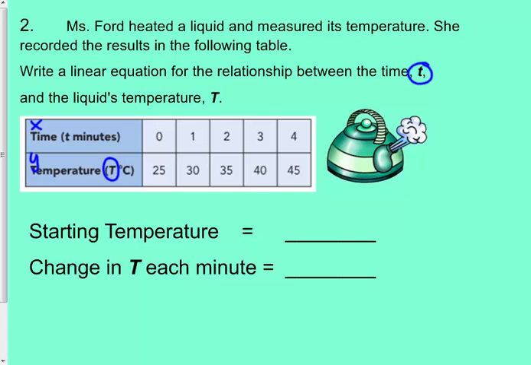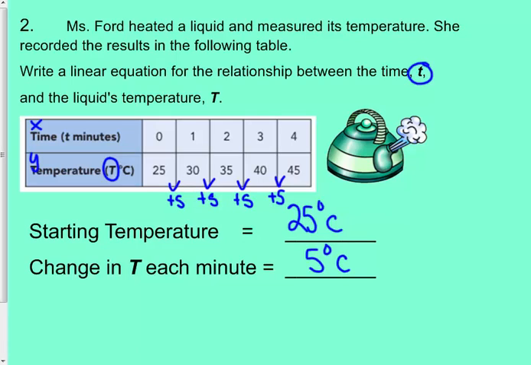So the starting temperature at time 0, I can see is 25 degrees Celsius. The change in temperature for every minute, well, this is adding 5 each time, it looks like. From 30 to 35 is adding 5, adding 5, adding 5. So the change in temperature each minute is 5 degrees Celsius.